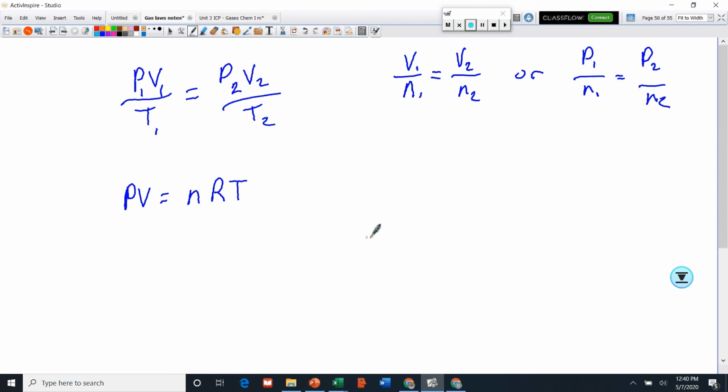And then another formula that we have is Dalton's law of partial pressure.